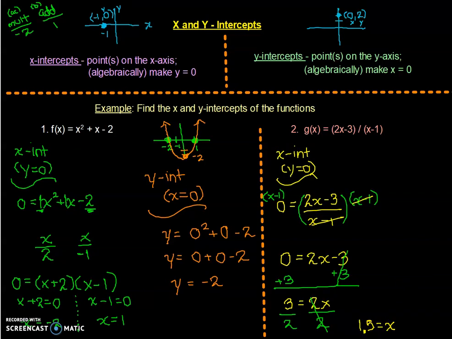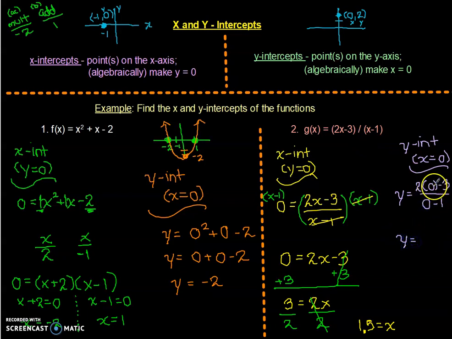To find the y-intercept, I'm going to just make x equal to 0. So g of x, I'm going to change it to y, equals 2 times 0 minus 3 over 0 minus 1. I know you know what 2 times 0 is, but I'm going to write everything out. So I'm going to solve the numerator and then the denominator.